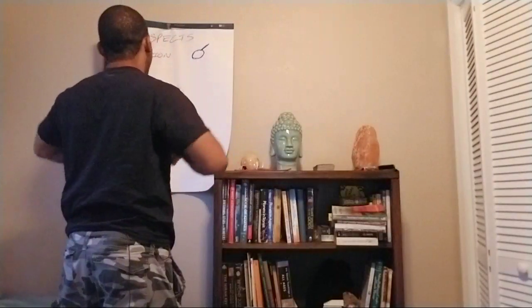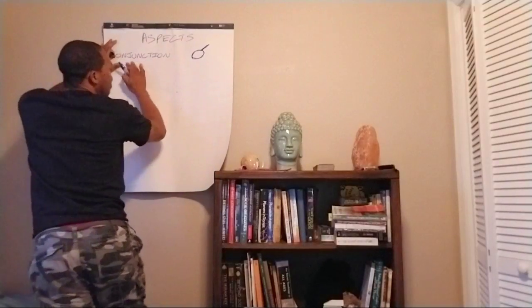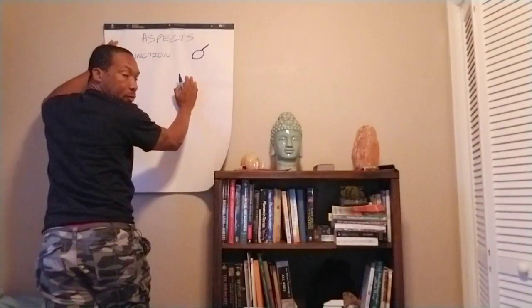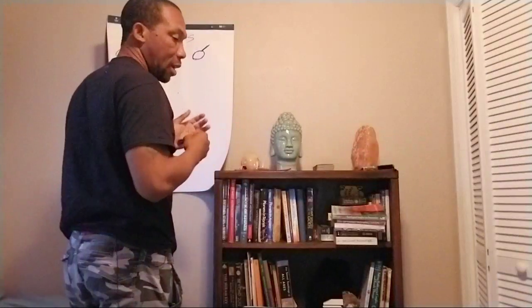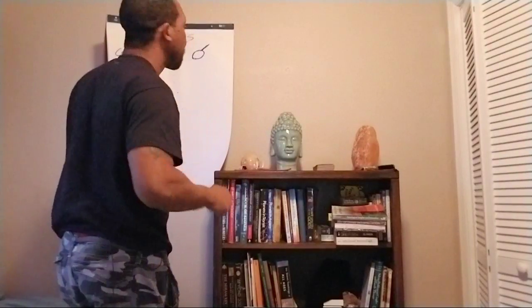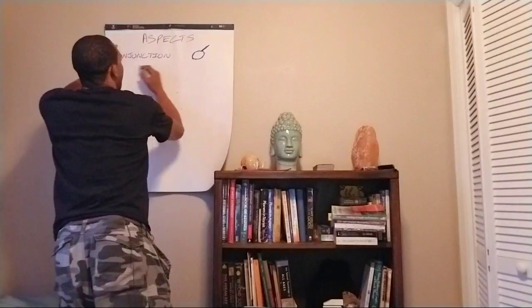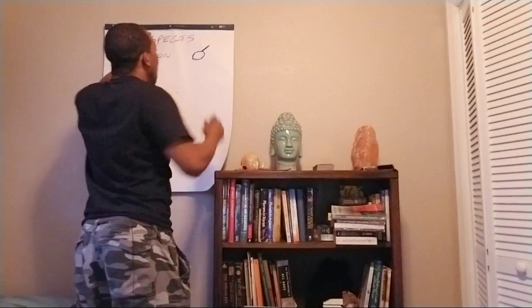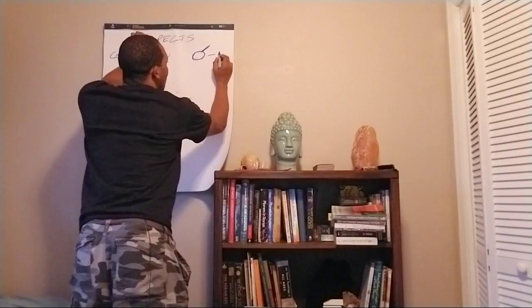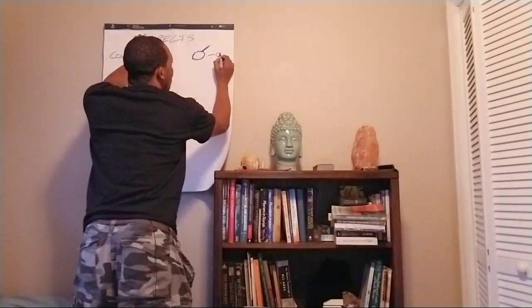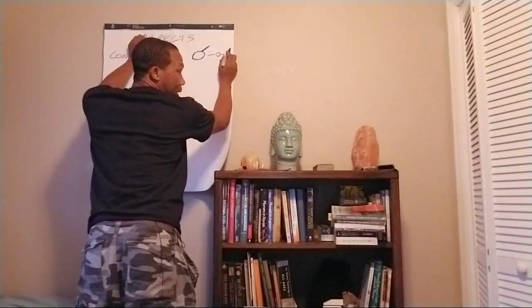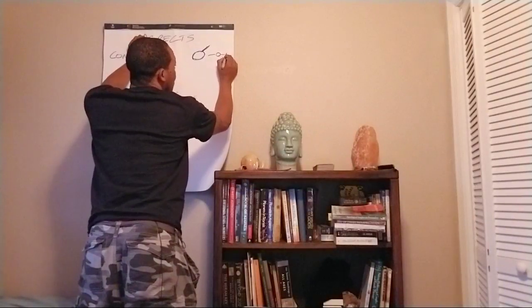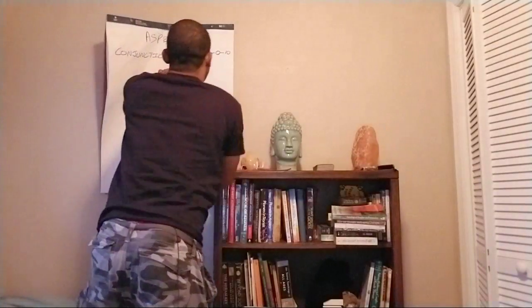Sometimes it can be considered a soft aspect, and between some planets it is also considered a hard aspect. This is considered to be between 0 and about, and I like to use this orb, 10 degrees.